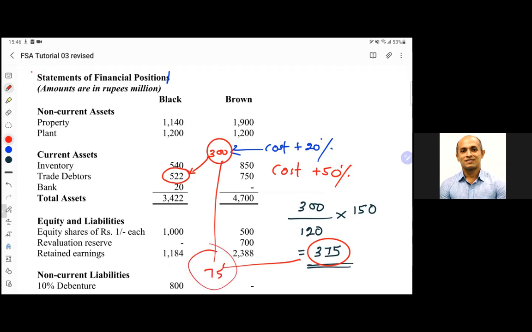So you have to increase the debtor value by 75. At the same time, you have to increase the sales, because this 300 you have recorded in sales. Sales has also been understated. Then sales also increases by 75.